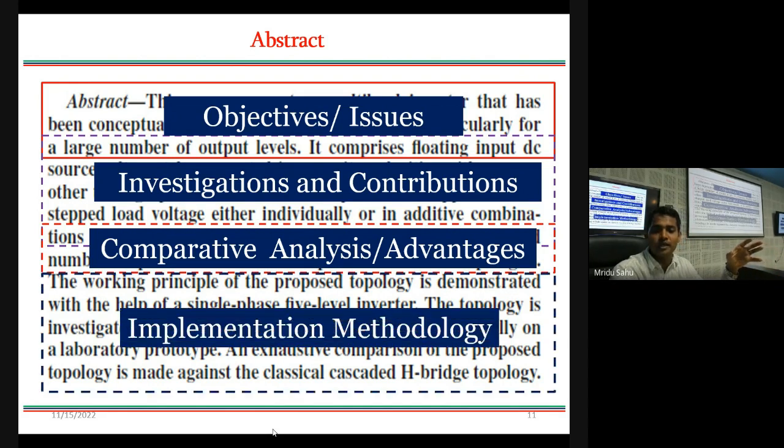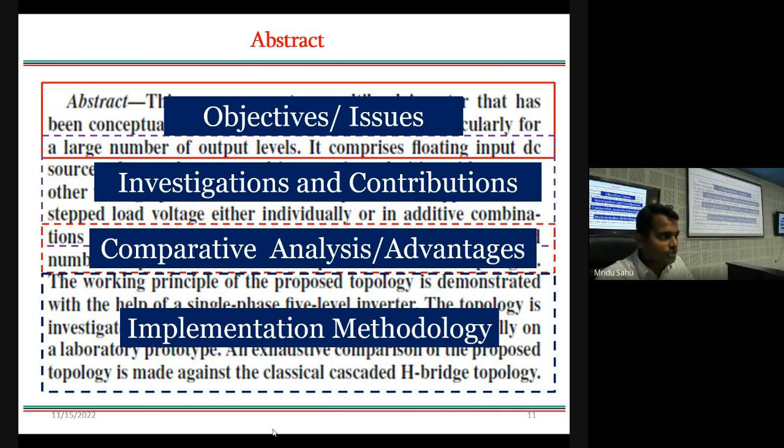Another part could be the implementation methodology, like how you have implemented your particular thought or your idea or your concept. So what software you have used, what tools you have used in general, you have to write it here, like how you have implemented or validated your concept. So these are four or five important ingredients that have to be there in any abstract.